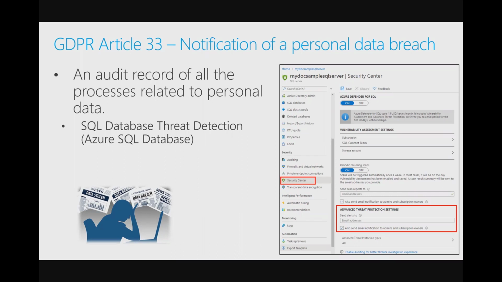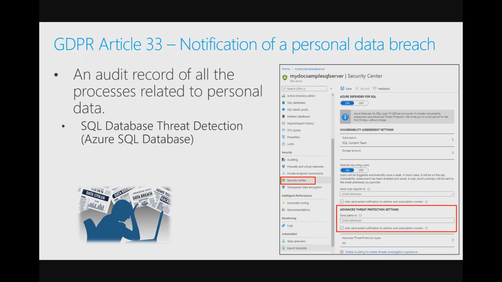SQL Server on-prem doesn't have, and currently I don't know, maybe some future version will, a feature that can actually take the email addresses from a table and send an email or notification.